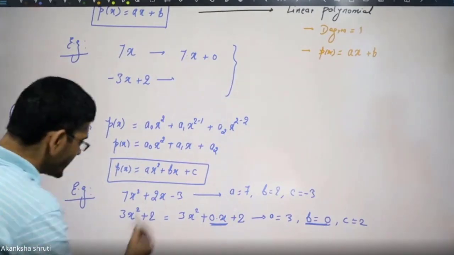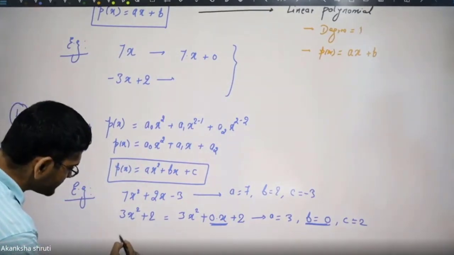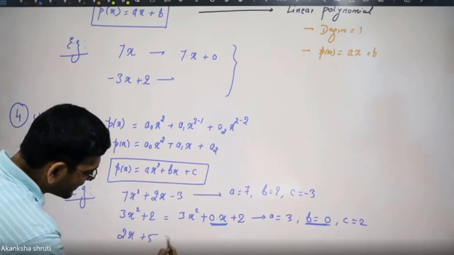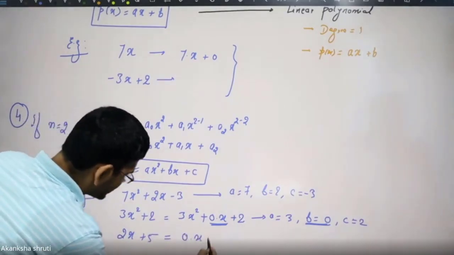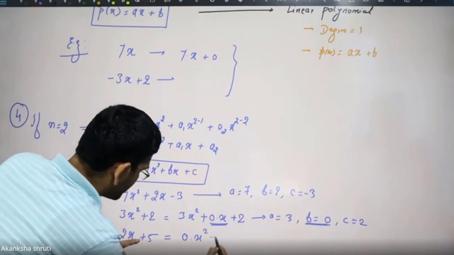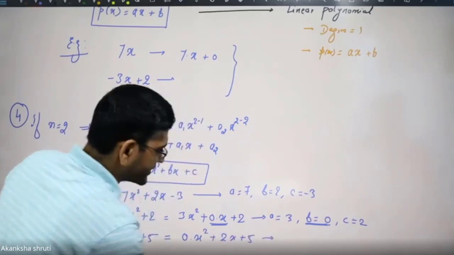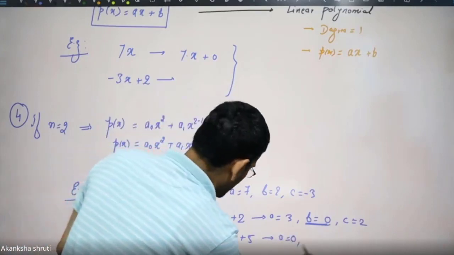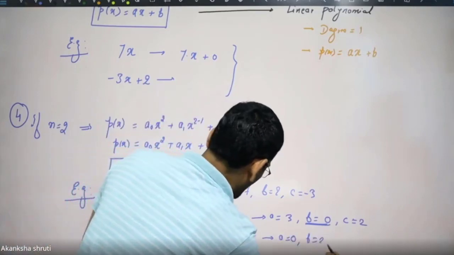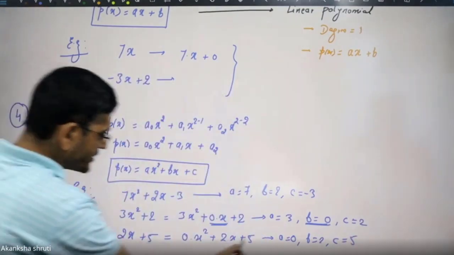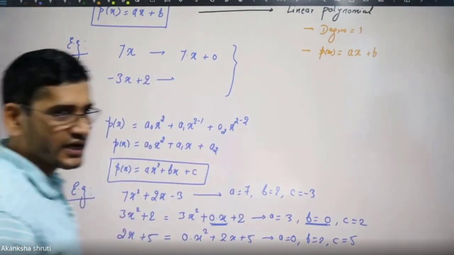Student, can I write 2x plus 5 as 0x square plus 2x plus 5, and call this a quadratic with a equal to 0, b equal to 2, and c equal to 5? Keep in mind, this is not correct. Why not correct?